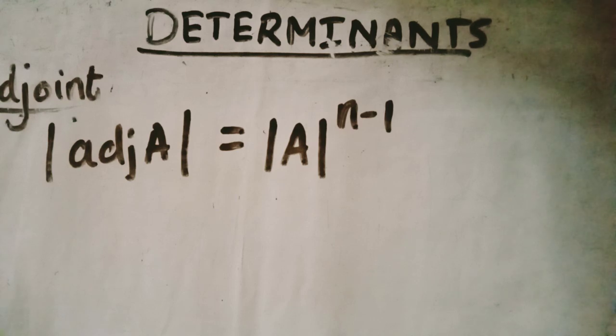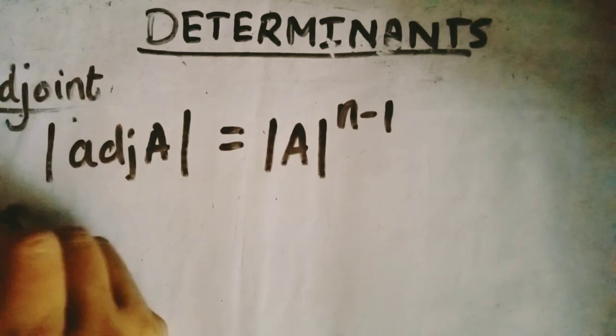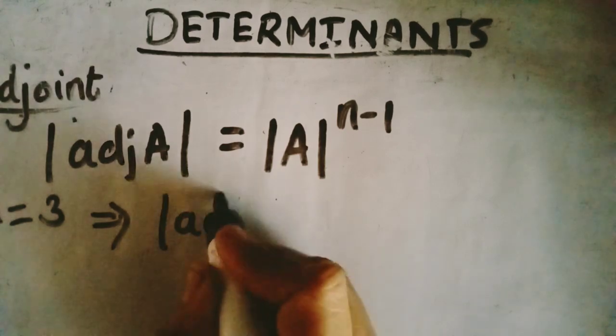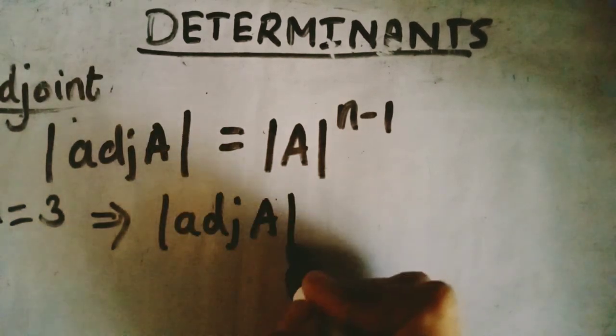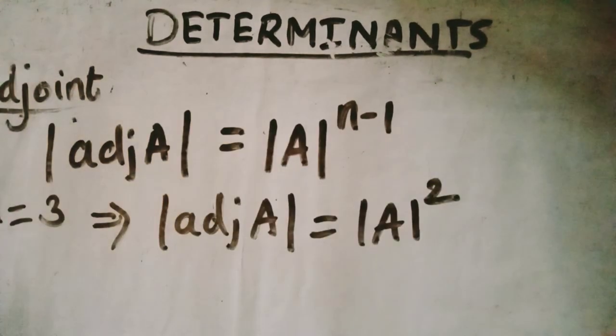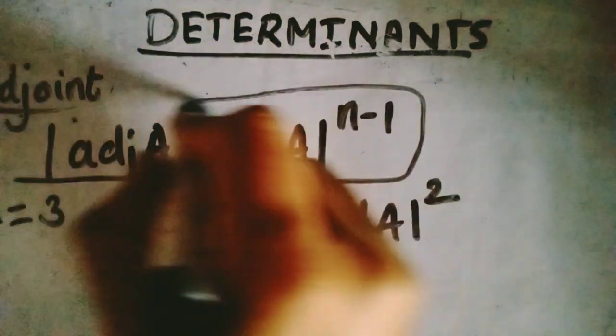So suppose A is a matrix of order n, say order is 3, then this result will be determinant of adjoint of A equals determinant of A squared. So this is like a property.